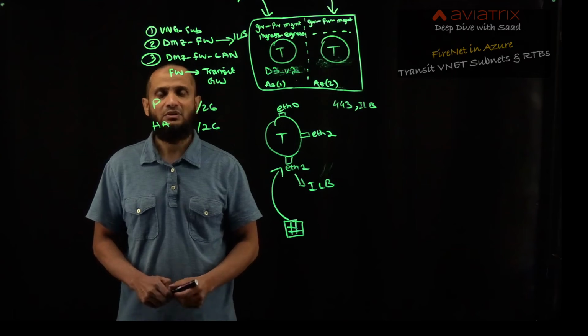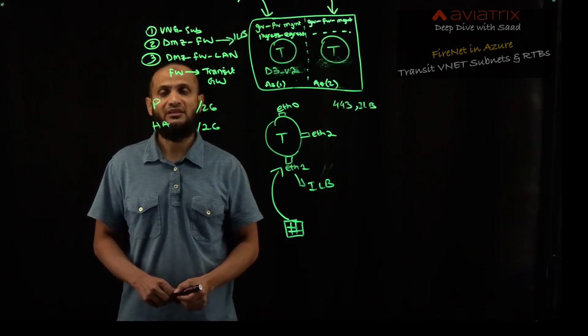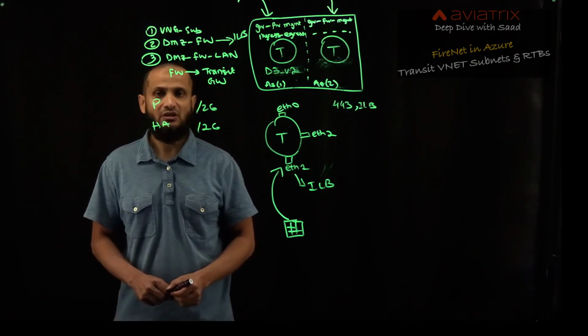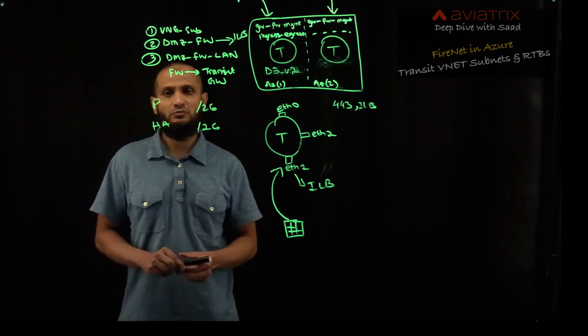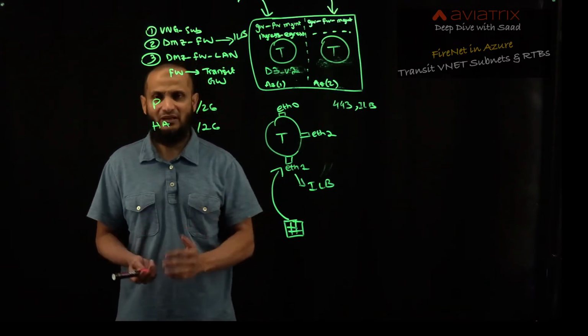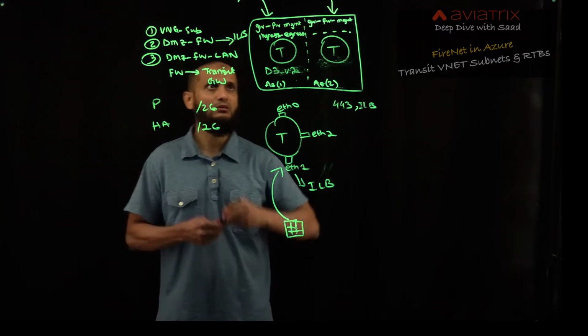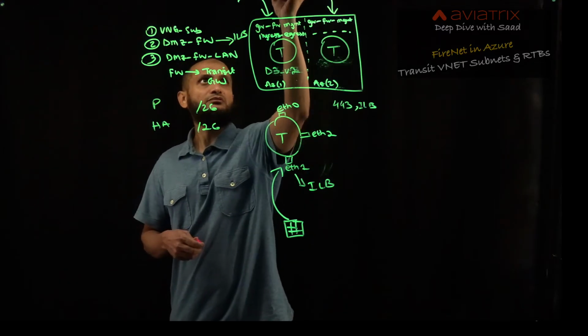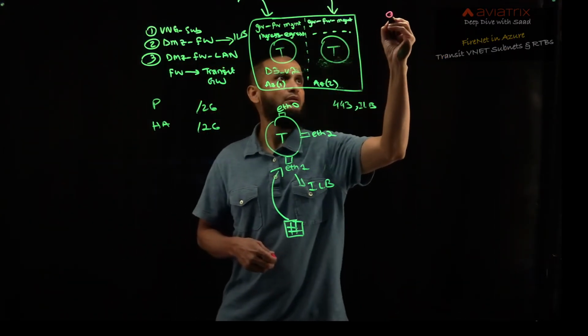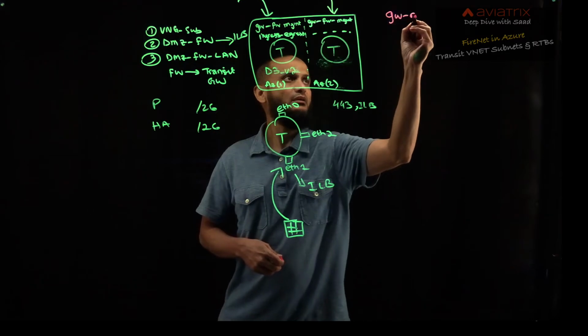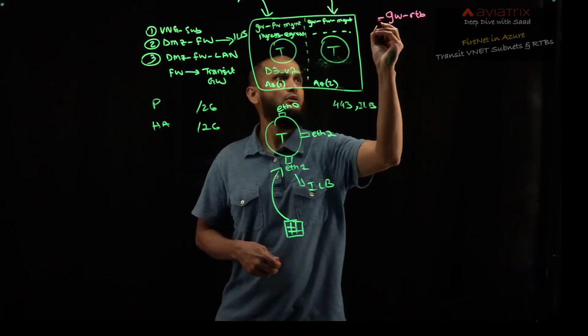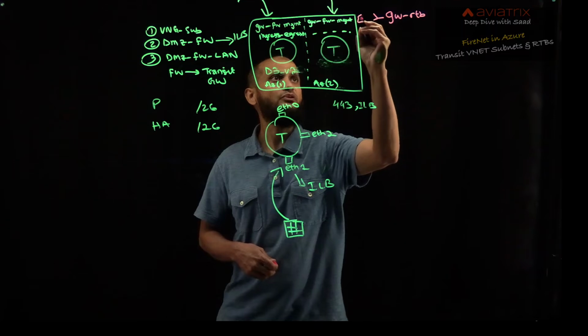At the same time, Aviatrix controller is going to create 3 more routing tables too. The first routing table is going to be your FireNet gateway name, and then the gateway routing table. So I'm going to write it here, gateway routing table, and here is the name of your gateway.